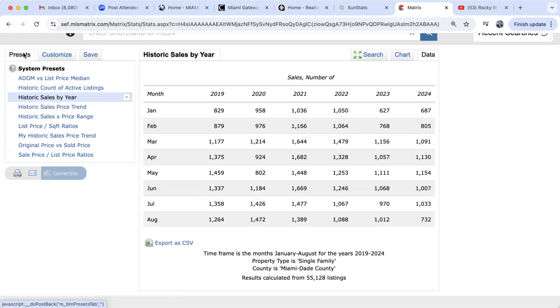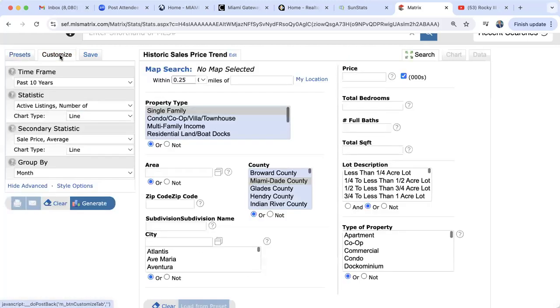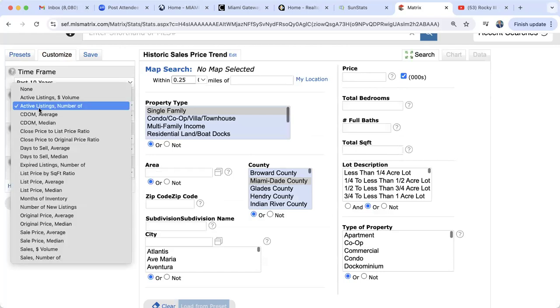I'm going to go ahead and click on presets, and let's go to price trend. Before I click on generate, let's go here to customize. We have 2 statistical reports that are going to come out on this page: statistic number 1 and statistic number 2. Let's open here and determine what you would like to see on this report.